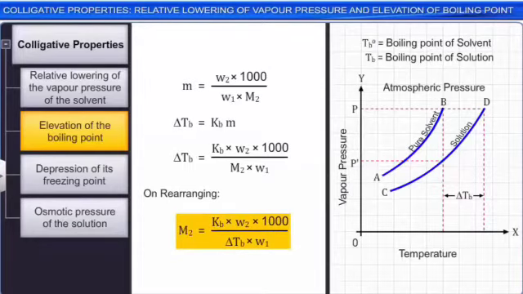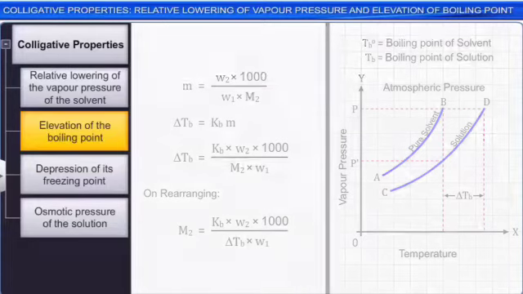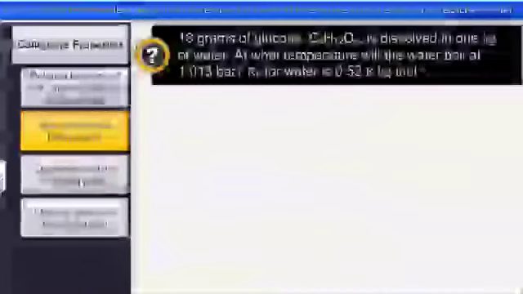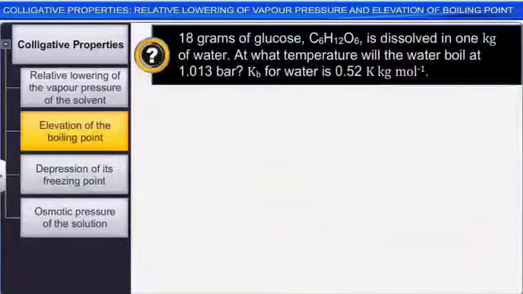Let us now solve a numerical based on elevation of boiling point. 18 grams of glucose, C6H12O6, is dissolved in 1 kg of water. At what temperature will the water boil at 1.013 bar?